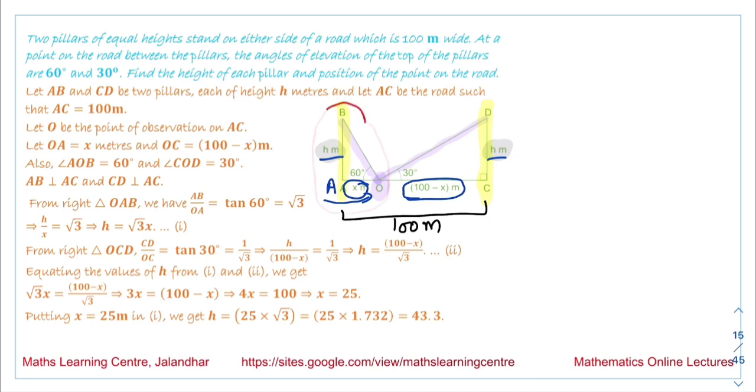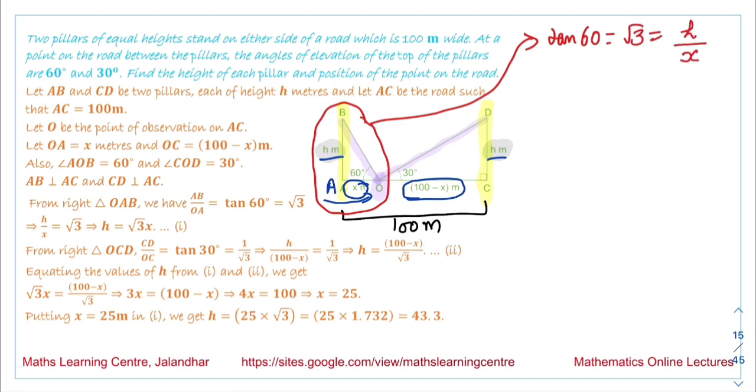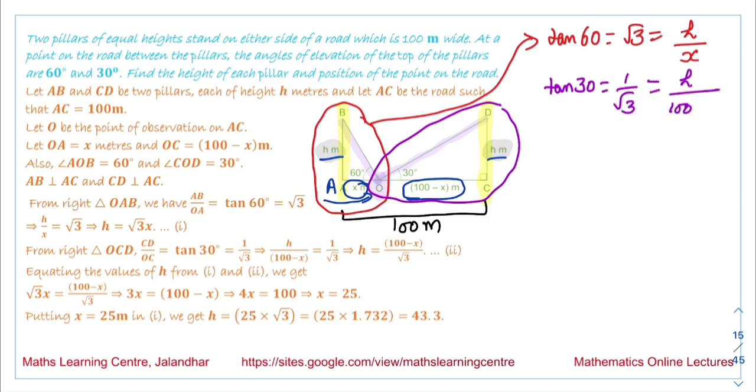In triangle OAB, we have tan 60, that is equal to square root 3, that is equal to h by x. In triangle OCD, we have tan 30, that is equal to 1 by root 3, that is equal to h over 100 minus x.